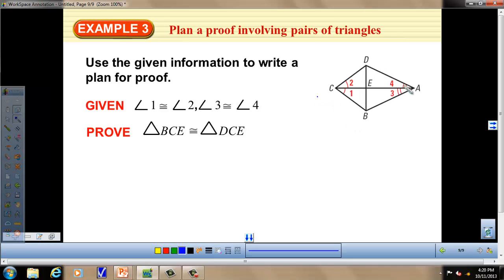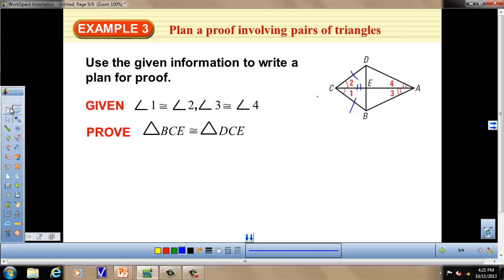We can prove that this top triangle, ADC, is congruent to ABC because we have the two sets of angles, and AC is congruent to AC. So those two triangles are congruent by angle side angle. Once we prove that, then we know that BC and CD are congruent. We already knew that CE and CE are congruent. So then these two triangles are congruent by side angle side. I'll go through it in more depth.